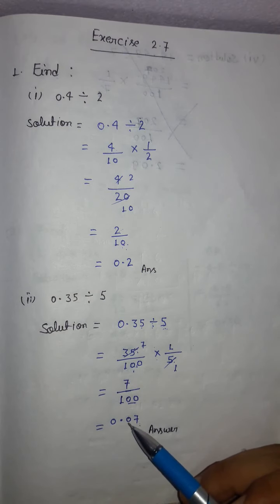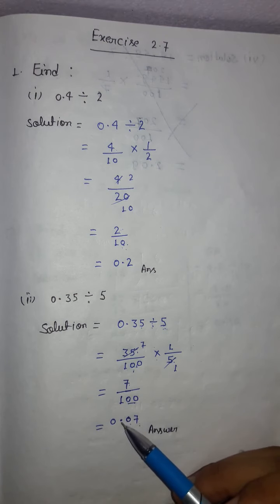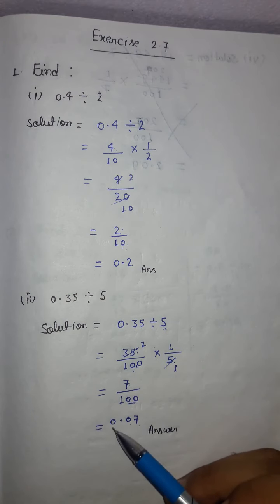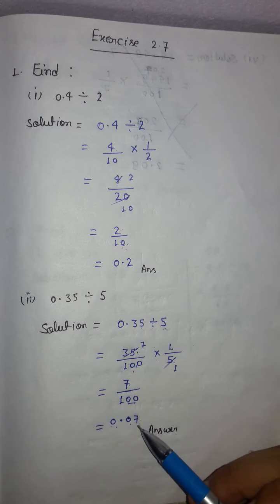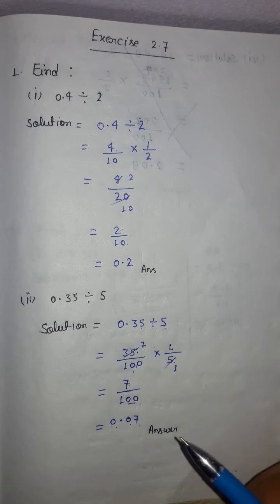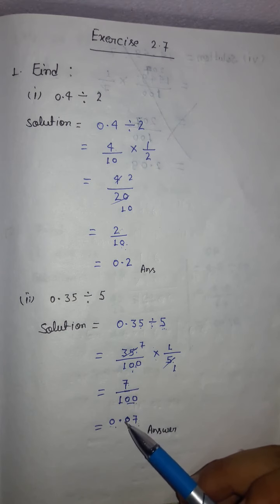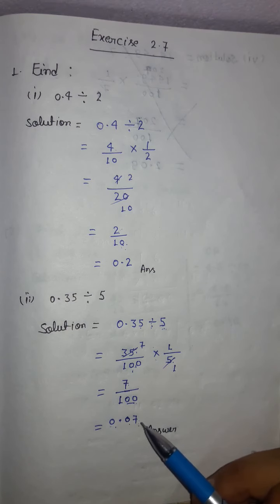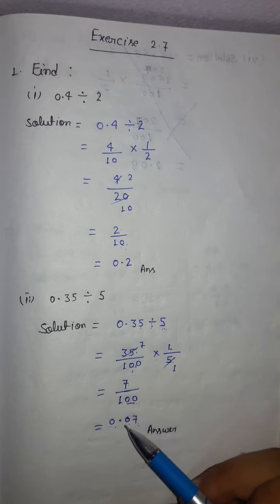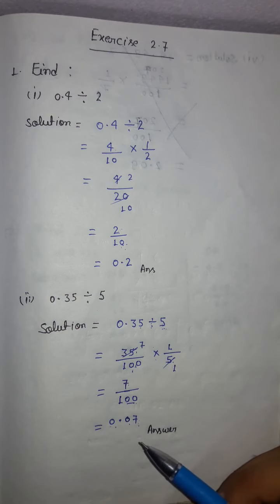We had to keep two numbers but had only 7, so we add the 0. So it will be 0.07. Since there was no number before it, we write the 0. So the number is 0.07, and it is our answer. If there were 3 zeros, we would write one more 0, meaning 0.007. If there were 4 zeros, we would write one more 0 also.